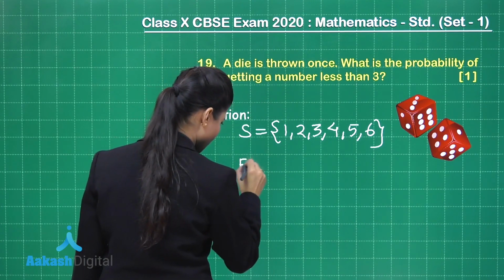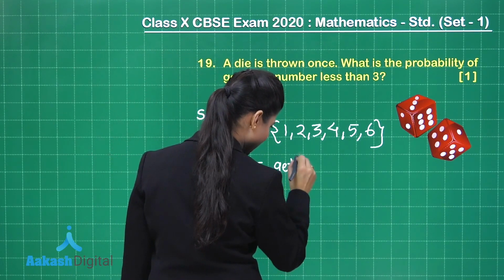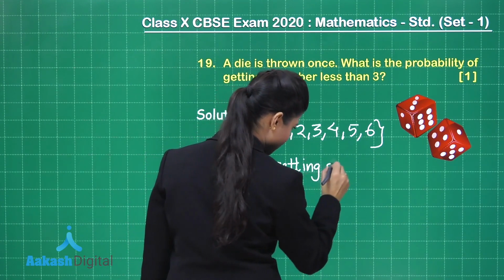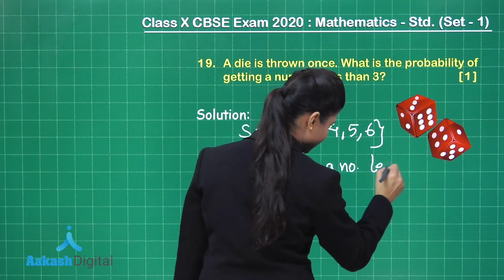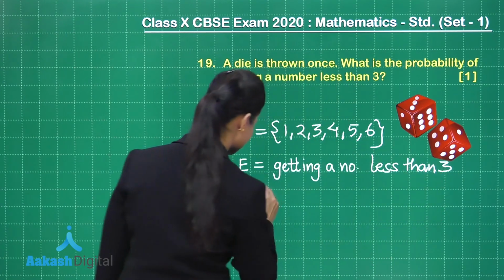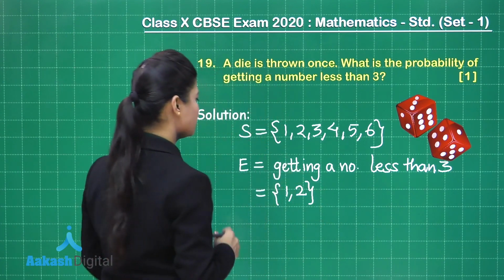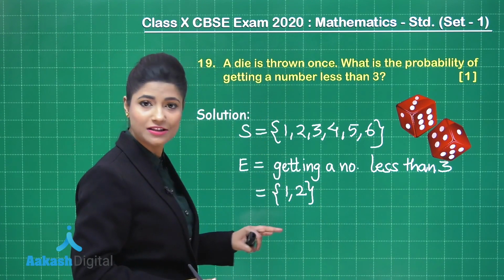And here, event of getting a number less than 3 contains only 2 possible outcomes, that is 1 and 2. So here the favorable outcomes are 1 and 2.